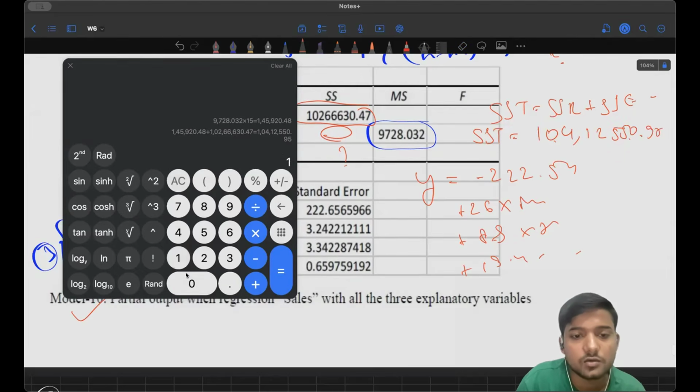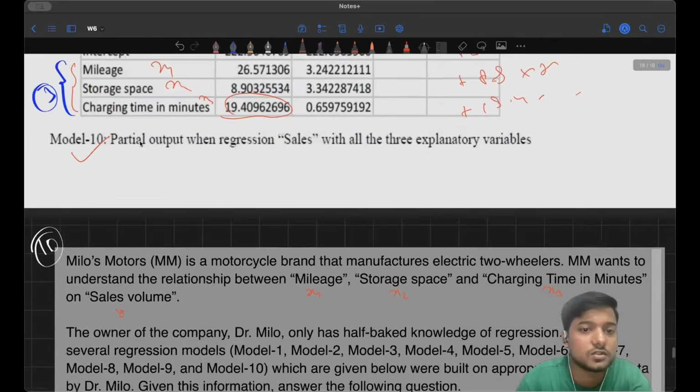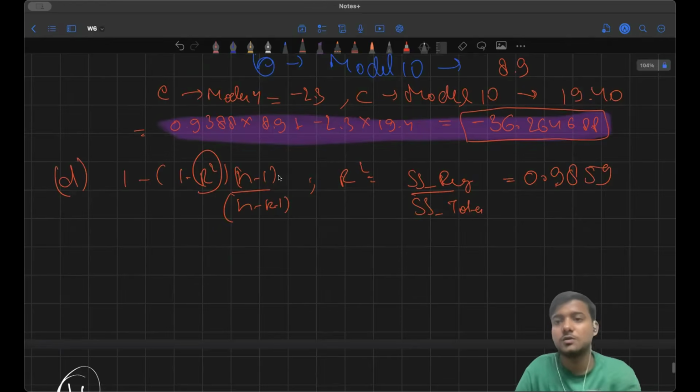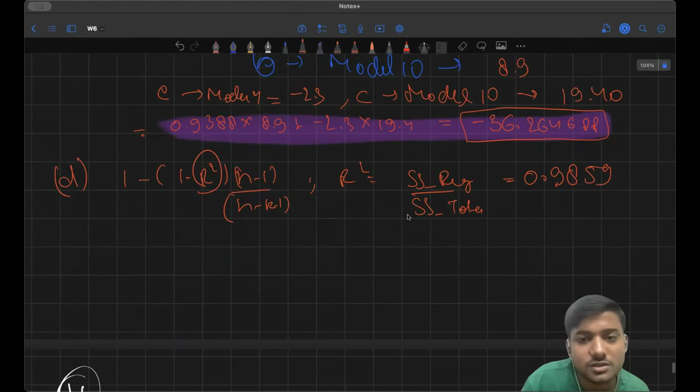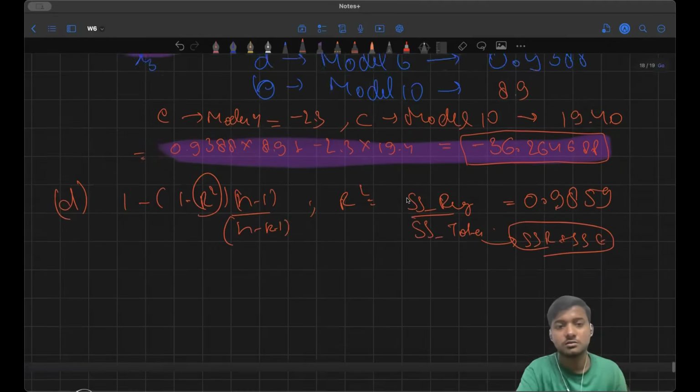Now you can calculate your R square. That would be 102,666.30.47 divided by this value, 104,12550.95. You see, this is what we get as R square, 0.9859. You can just plug in this value in this formula and you will get access to it. What I did was I broke down sum square total into sum square regression plus sum square error, and that's how we can do it.